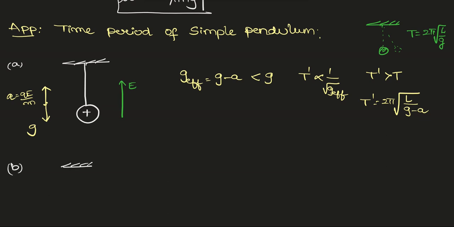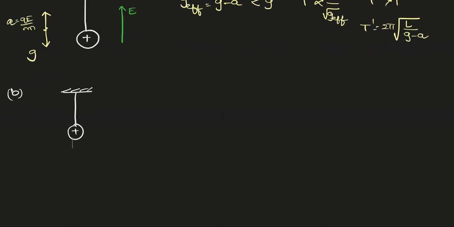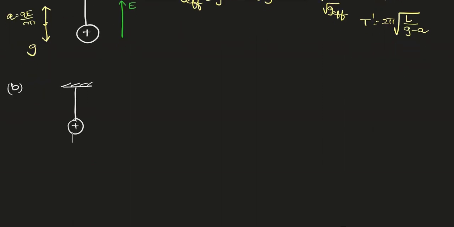For the same simple pendulum, I am taking positive charged bob, and if the field is now acting vertically downwards, then we'll get that acceleration a as well as g both will act in downward direction, so that g effective will be equal to g plus a, which is greater than g.